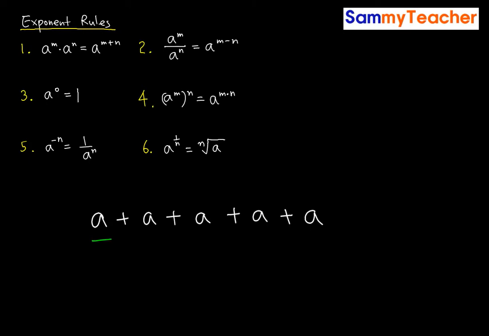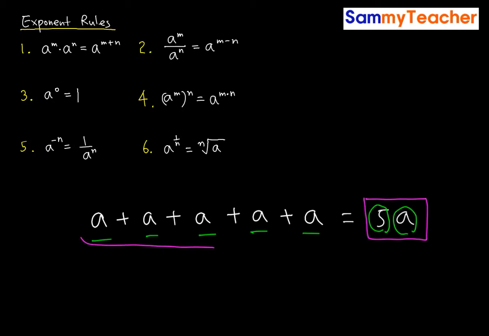When you add the same thing 5 times, the short way of writing this is 5a, which means multiply a 5 times. So we can say multiplying is the short way of adding.